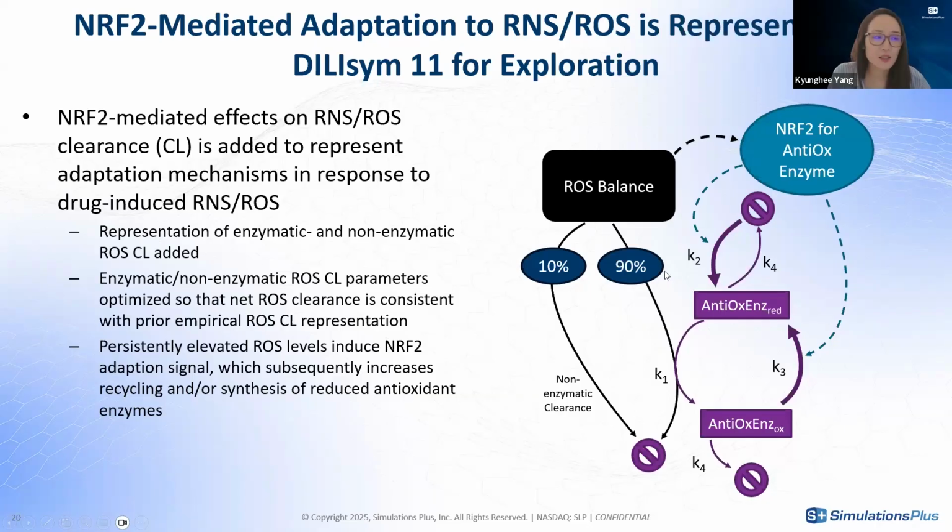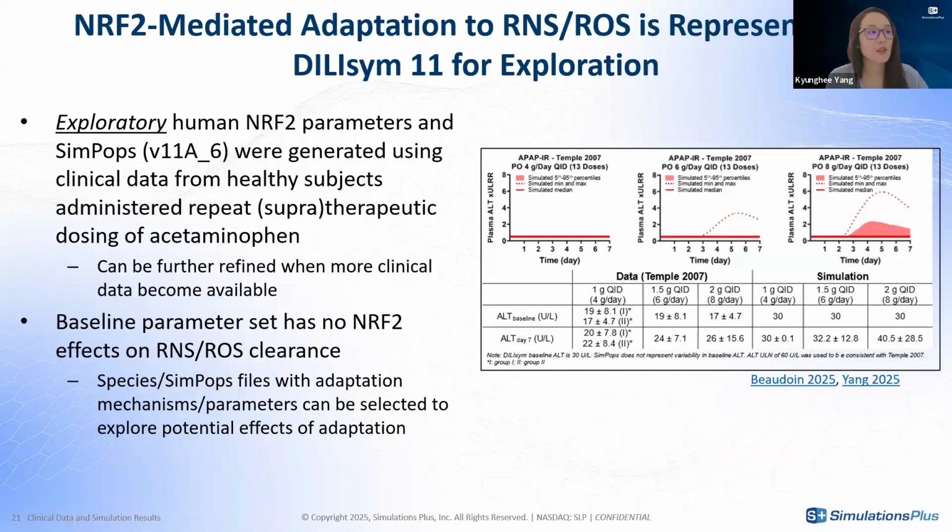And this enzymatic clearance is a pathway which is upregulated by NRF2 signal in response to oxidative stress. Specifically, increased generation of antioxidant enzymes, as well as enhanced recycling of oxidized enzymes to the reduced form. So we had updated this mechanistic pathway, and in DILIsym 11, the parameterization has been updated, leveraging, again, acetaminophen data.